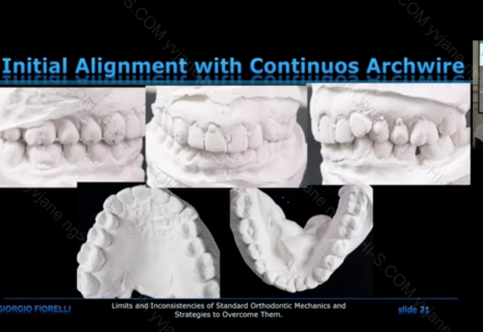So I apologize, all these cases were not mine, so people were just giving me whatever they had. And this guy gave me this image. And here we have more alignment to be done because this canine is so much inclined to the distal.